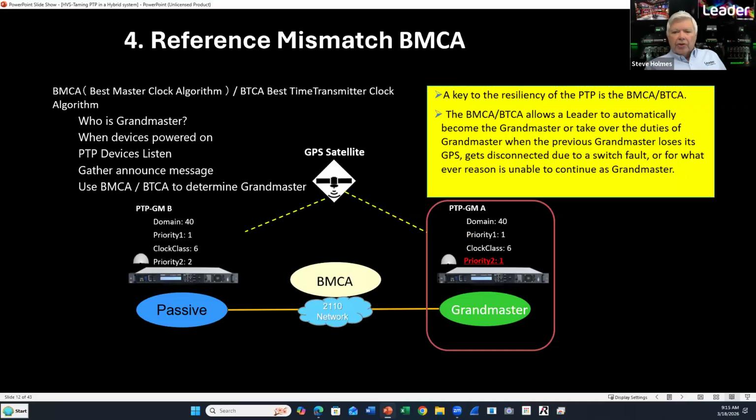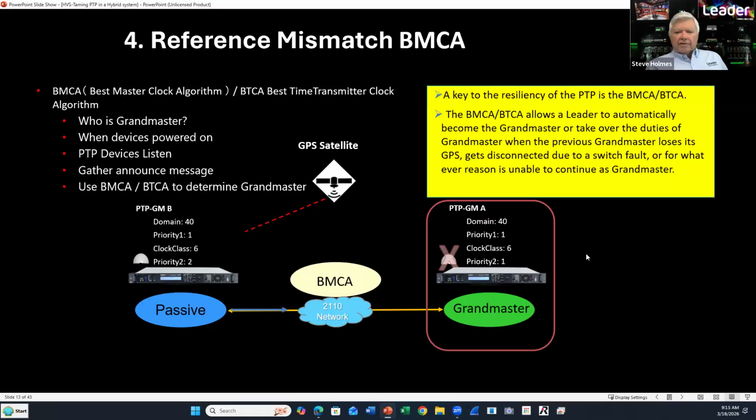If you don't make priority one the same, as you'll see in a slide, you'll never switch on a GPS failure. If you have a GPS failure, this clock will still maintain itself being the grandmaster. This side can never walk in until you have a 100% absence of PTP. So if I have something happen to my GPS, this unit will go from a clock class 6 to a clock class 7, which means it's in holdover.